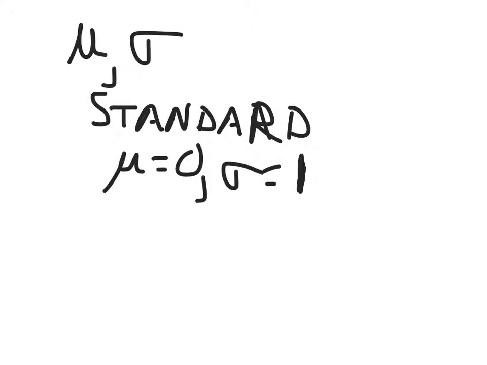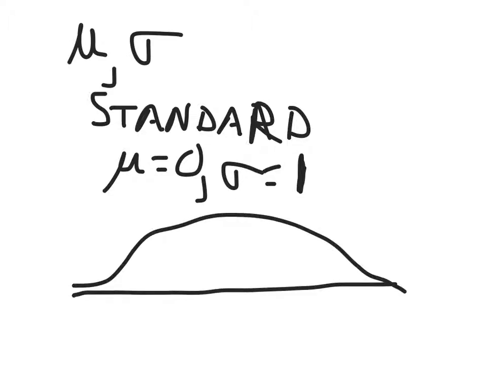There are actually an infinite number of normal curves, and we're going to first learn how to use the table and then learn how to apply that to every particular normal curve. Okay, so let's think about this for a second. We typically refer to the standard normal as the z.